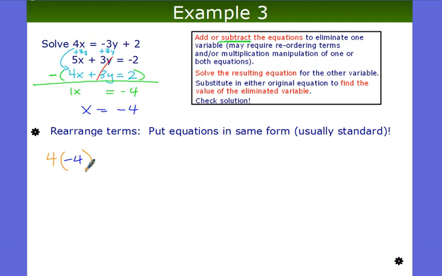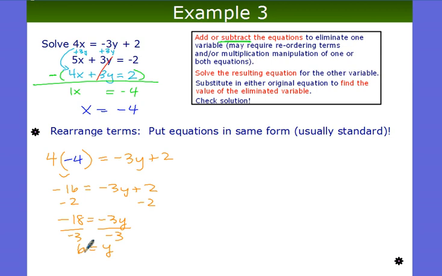So the original equation was 4 times x, so I plug in my -4, equals -3y plus 2. From here I'm solving for y. I do my multiplication first and get -16 equals -3y plus 2. I subtract 2 from both sides and get -18 equals -3y. Then I divide both sides by -3 and get y equals 6.